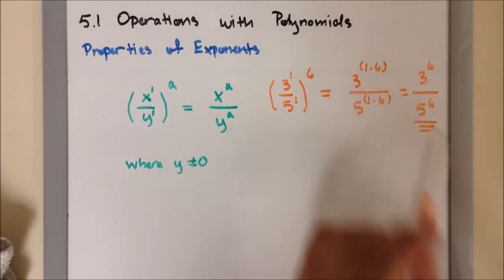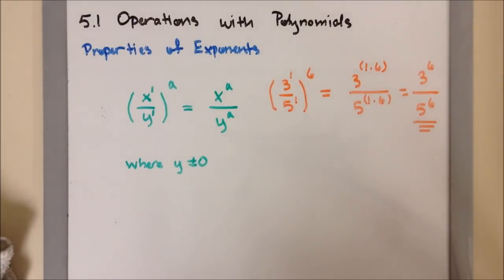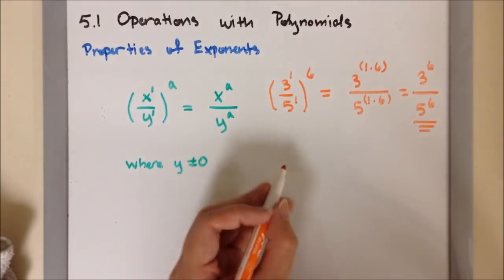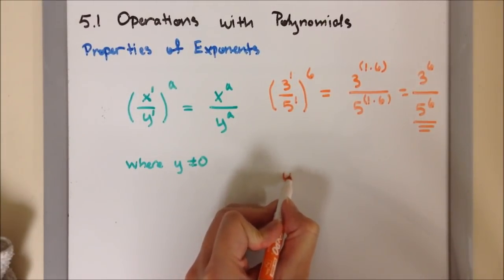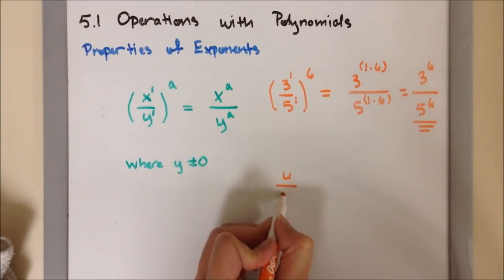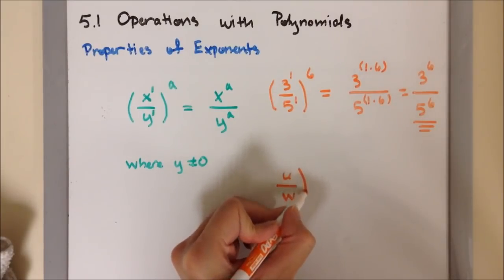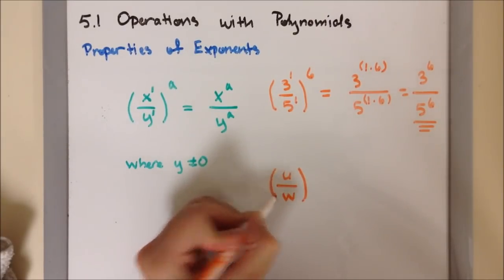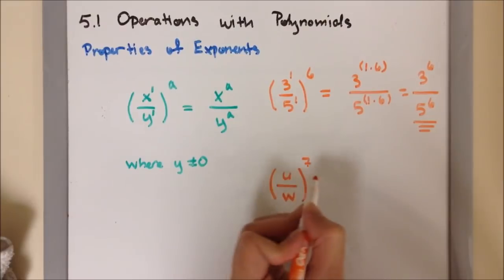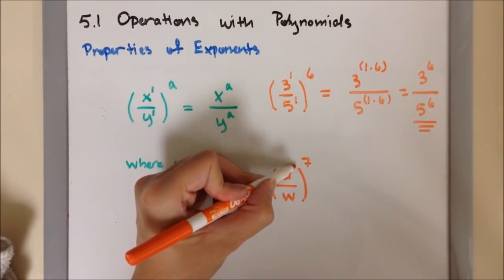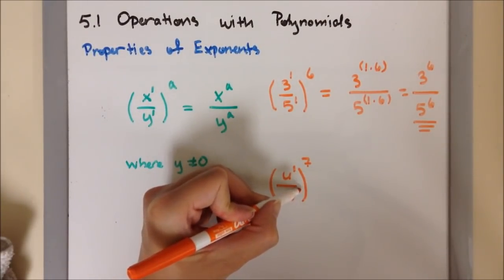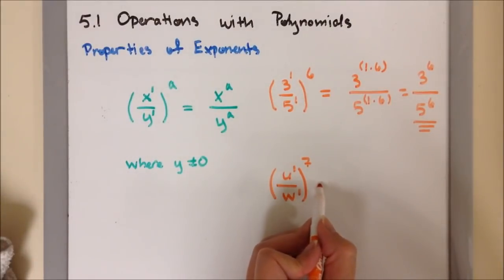Don't worry about working out the numbers. Alright, say we have variables like u over w. The whole fraction is being raised to the 7th power. Now remember, my u has an invisible 1 and my w has an invisible 1 for the exponent.